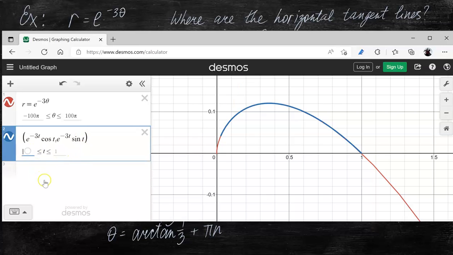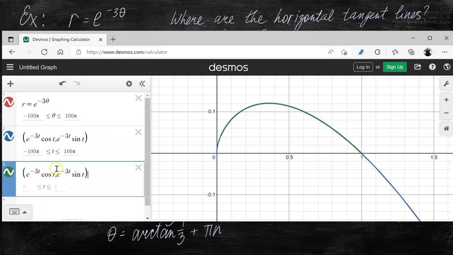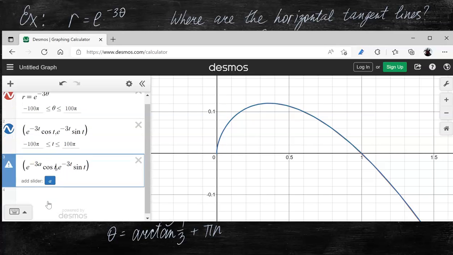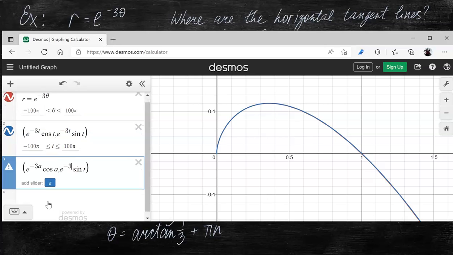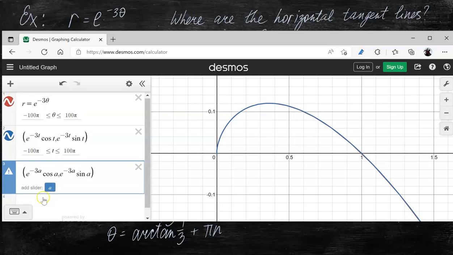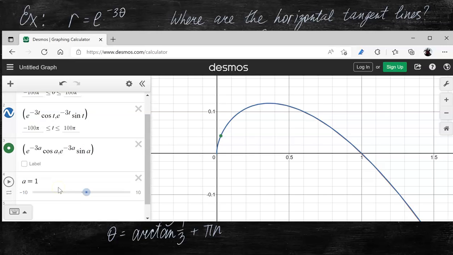So we get the same thing. Let's go from negative 100 pi to 100 pi. I would like to be able to visualize this. So let's try to replace parameter t with a and trace this point. So what's going on here?